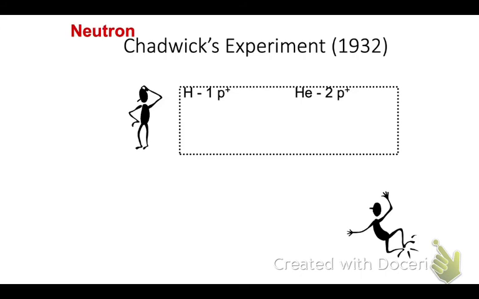Now, Chadwick also discovered neutrons, and his discovery came from the following simple experiment. We knew at the time that hydrogen has one proton and helium has two protons.